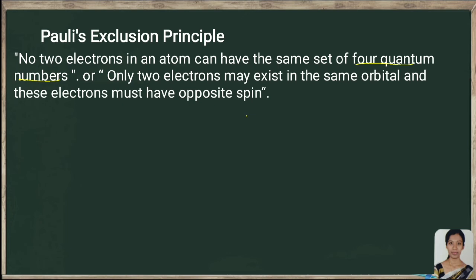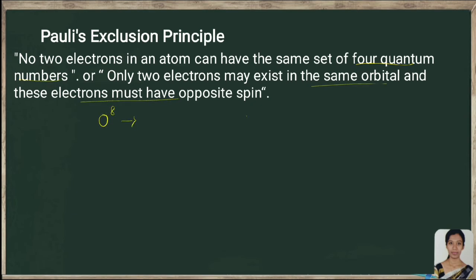You can also state Pauli's exclusion principle like this: only 2 electrons may exist in the same orbital, and these must have opposite spin. To understand this, I will take the same example, oxygen, atomic number 8.